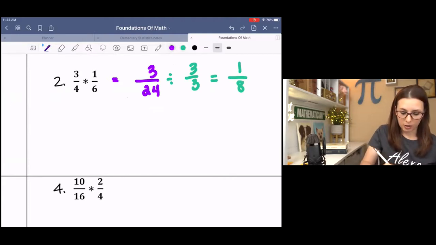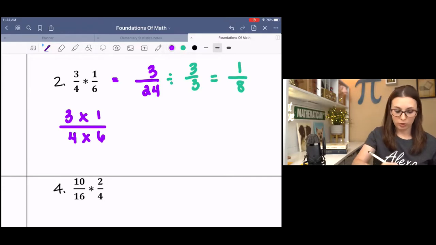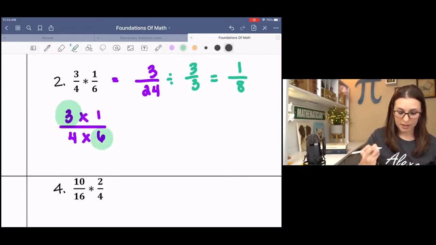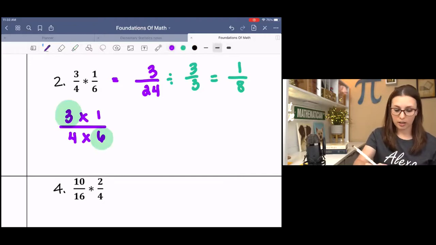Let's say we multiplied straight across, and you can see in the numerator and denominator, we have multiplication in both. And so since it's all multiplication, we can simplify ahead of time if there are any factors that have a common factor. So for example, 3 and 6 are both divisible by 3.